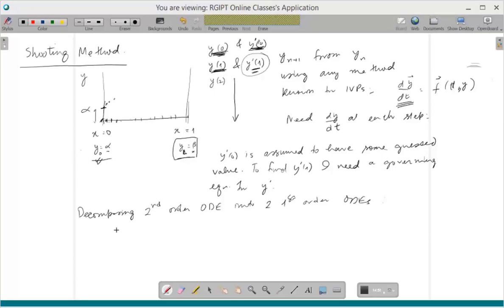Okay, so we all are familiar with this probably. If you recall, for example, in this case, let's say in general I have y double prime equals to some function of y, y prime and x. This is my equation. That's a second order ODE.